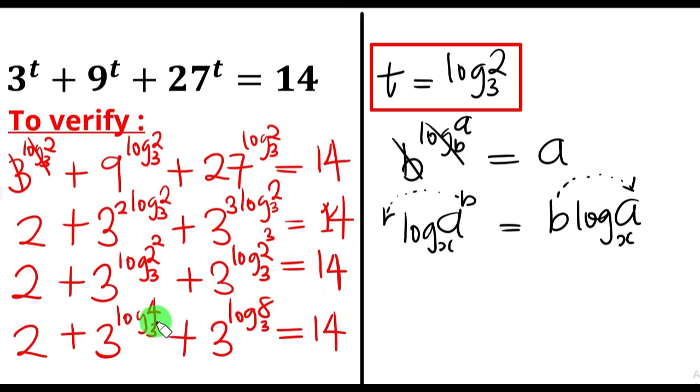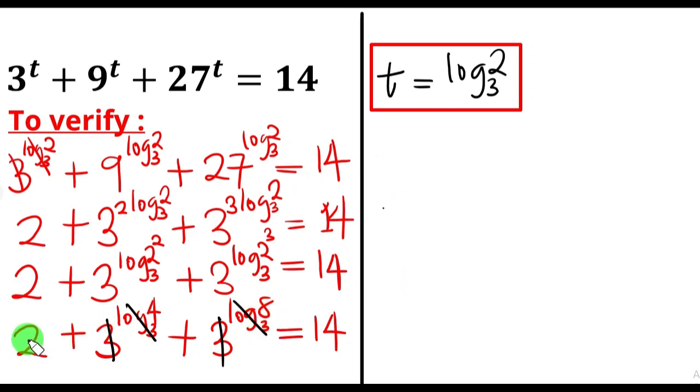Based on this power, with this rule, the 3 goes with this and the answer is going to be a. So this goes with this, then we have 4 left there, 3 goes with this, then we have 8 left there.